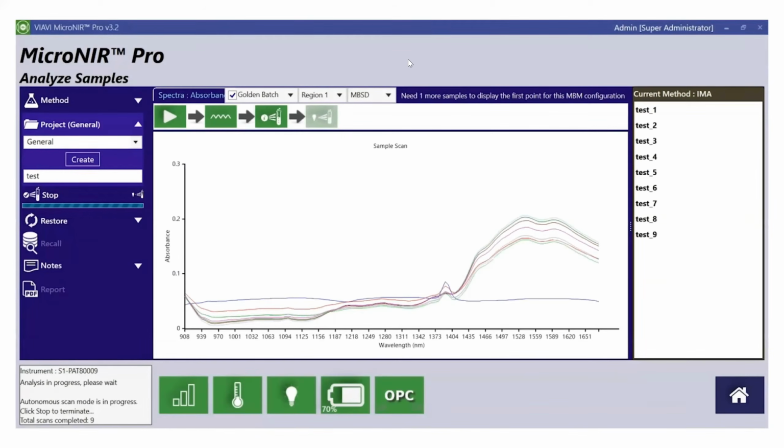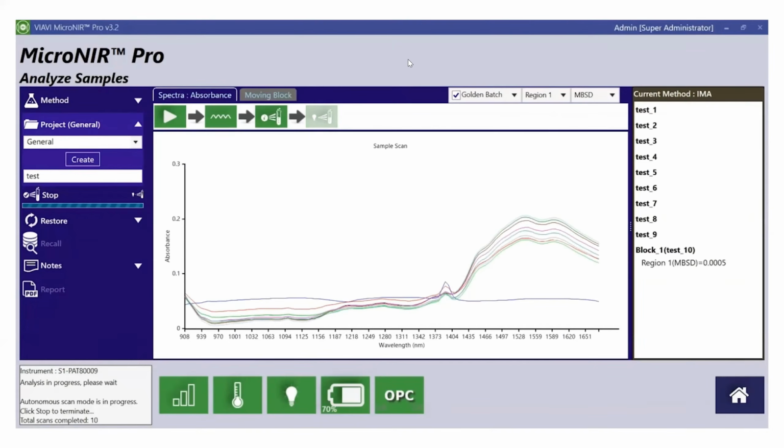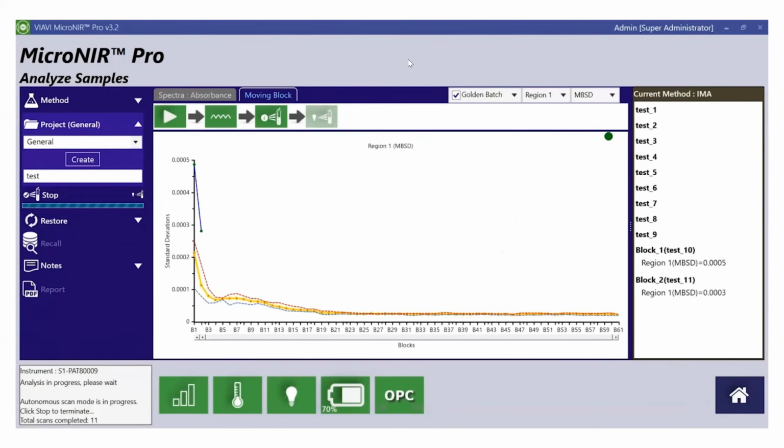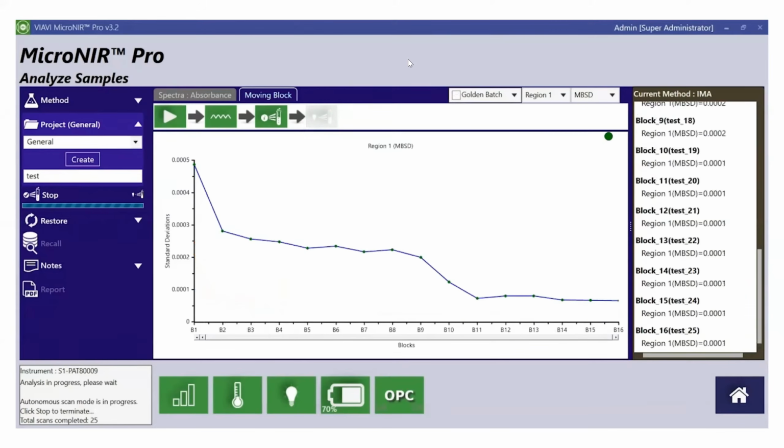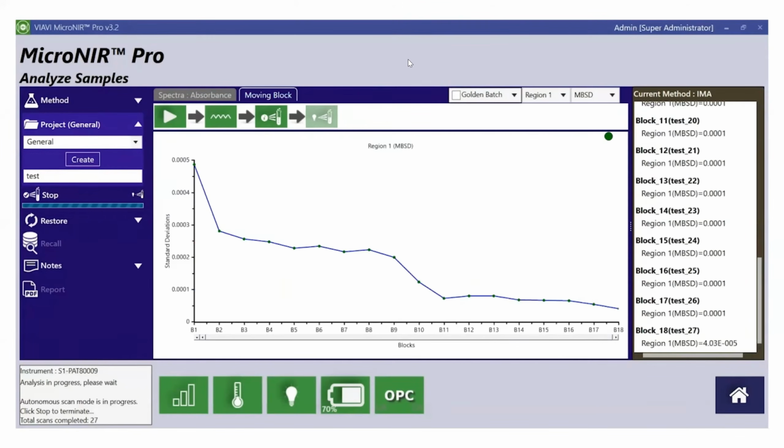The moving block standard deviation is often preferred to the principal component analysis because it's a very simple algorithm and is able to get the result from the first batch without the need of creating a calibration. The moving block is a very simple algorithm to explain to an auditor, and it doesn't require a lot of statistical knowledge. We can also make a quantitative analysis, but the downside in this case is that it's pretty time consuming.